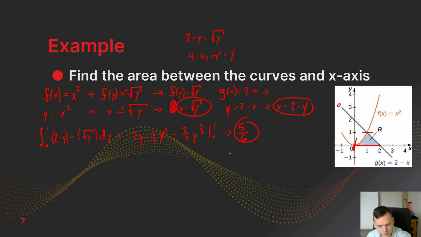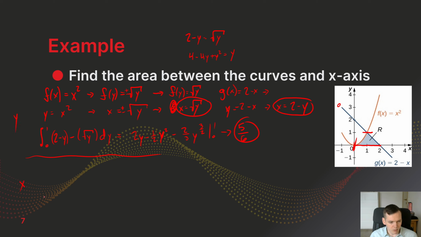you'll get 5/6, like so. This can be done with x values, and I'll set that up for us really briefly here, just so that you can see it and be familiar with it. It would be something like this.